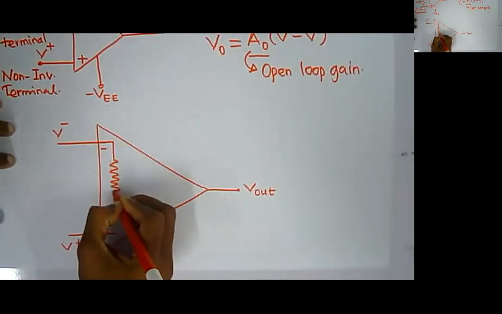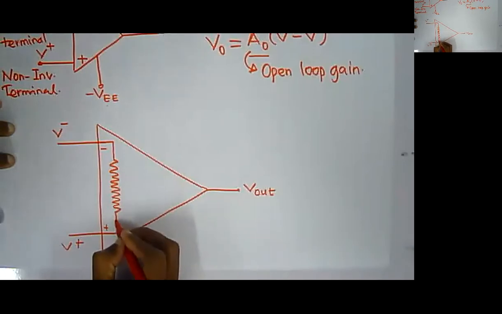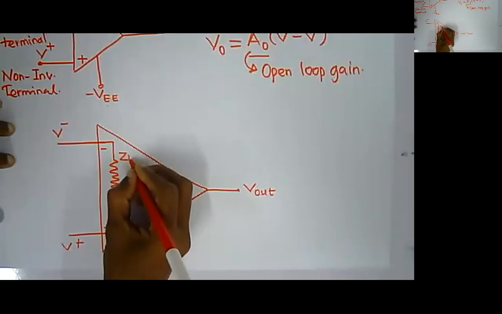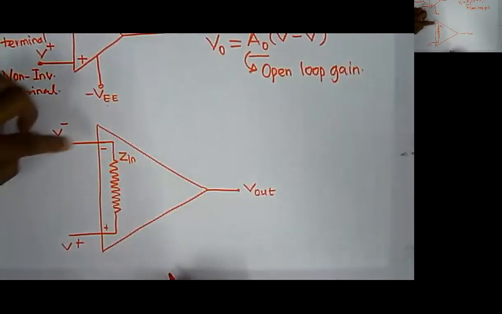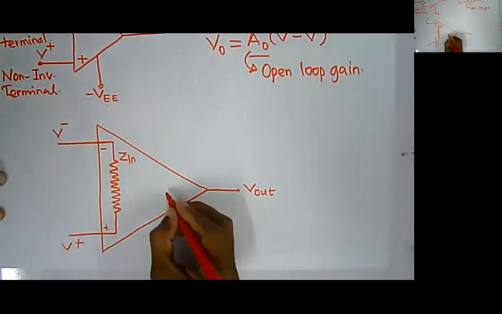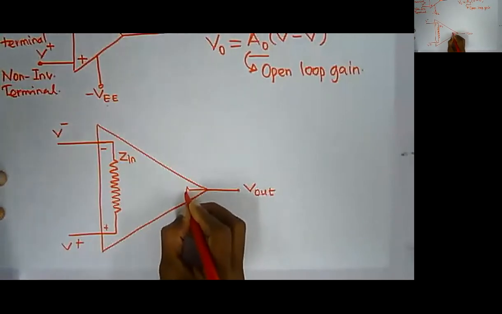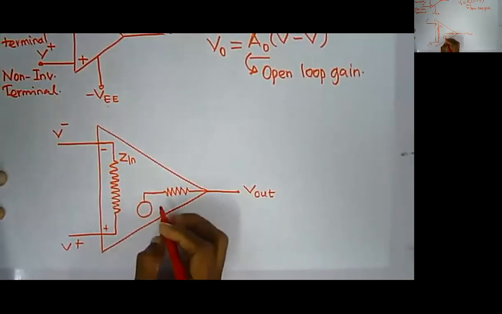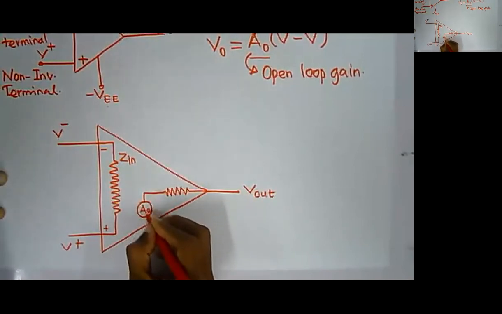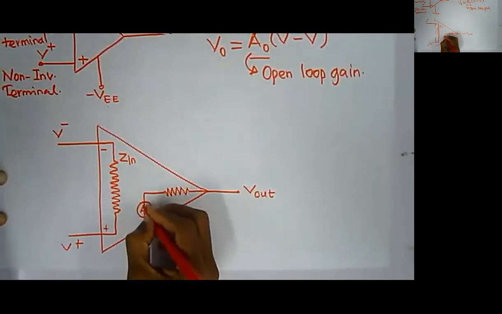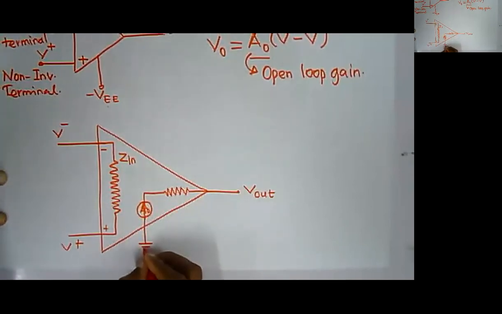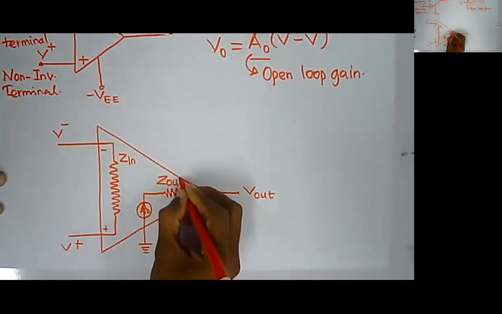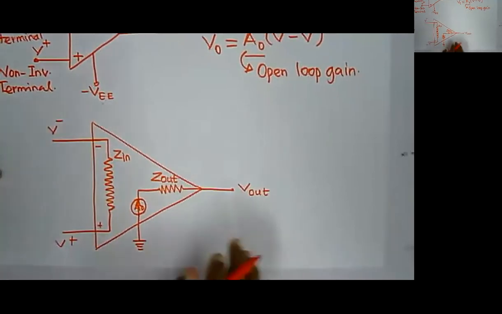In between these two, I will have an input resistance, which is Z in, and across V out I have Z out, and a current source A0, which is grounded.